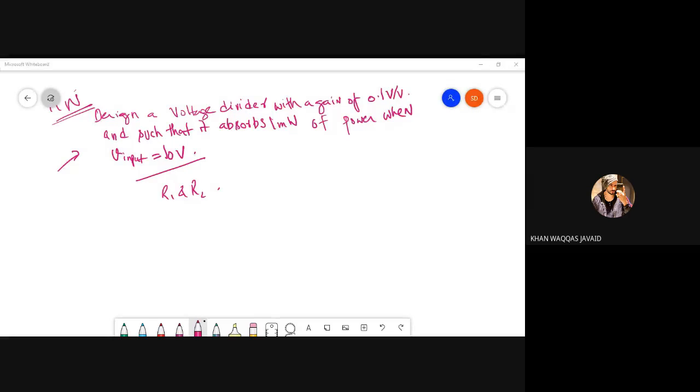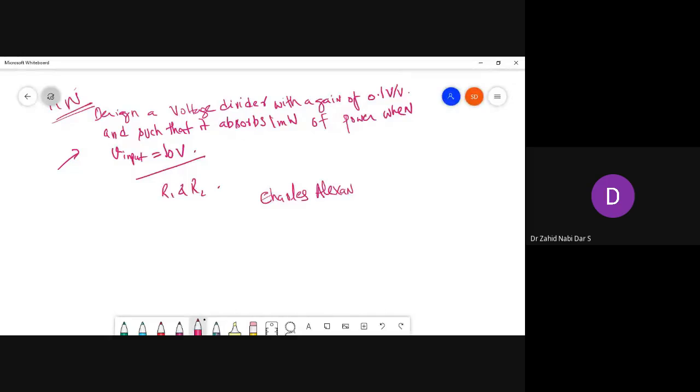Sir, can you please suggest some books? Yeah, one book that you can go for is Charles Alexander Sadiku, and there's one book by DC Kulshreshtha. I have shared a link wherein you can find some notes and books, PDF books also. But I will suggest this book is good. Please don't purchase SC Chand books or BL Theraja books, these are all commercial books.